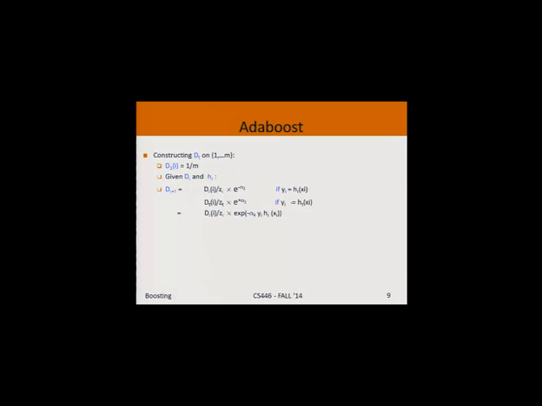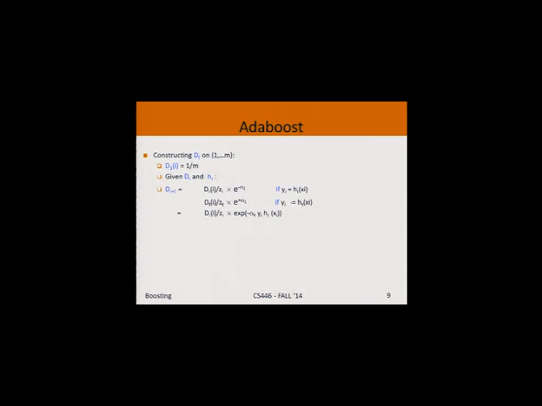And then if yi was predicted correctly, I'm going to multiply the weight of i under the tth distribution by e to the minus alpha t. If I made a mistake, I'm going to multiply it by e to the plus alpha t. Okay? We don't know yet what alpha is, but the form is clear.